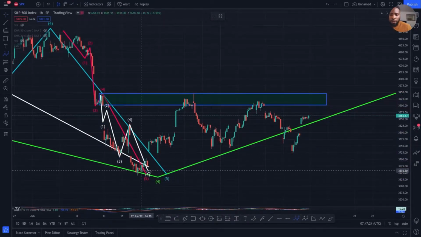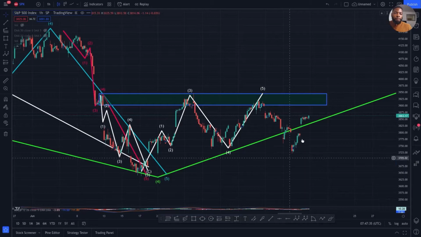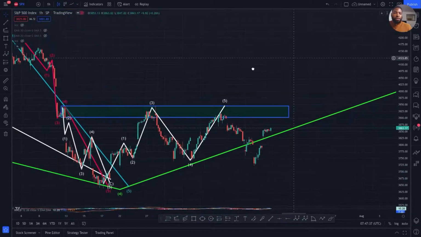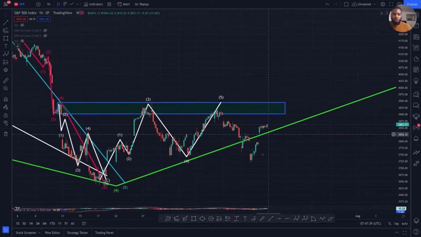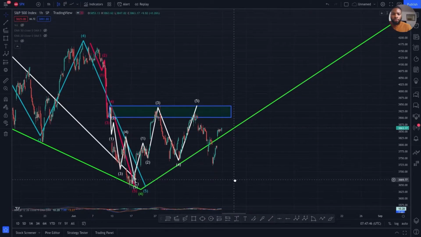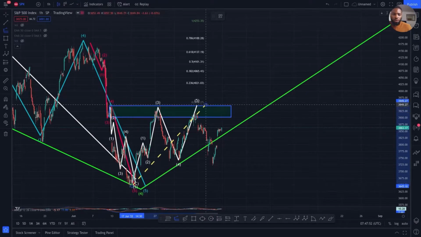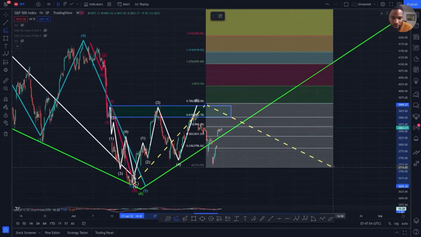So you can see this 1, 2, 3, 4, 5. What came next was a retracement, and after this retracement, we're now in a massive third wave pattern. If I use my Fibonacci extension tool, this is the retracement.